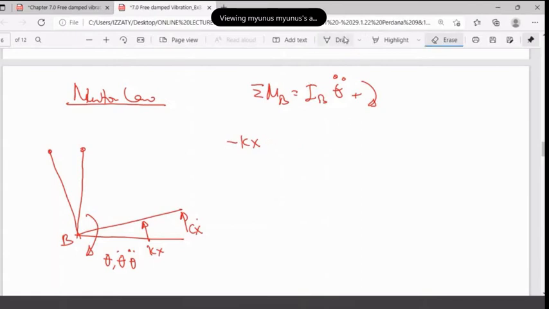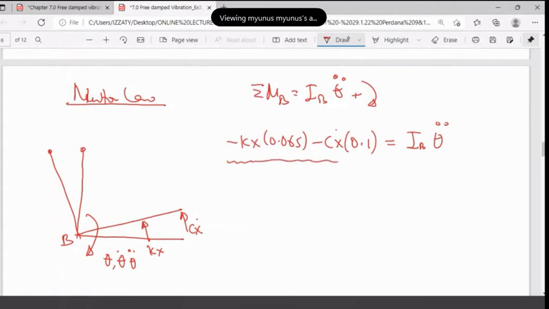So kx will be multiplied by the distance, 0.065, minus cx dot times 0.001. Then there's no mg here, equal to I, whatever I at B now, theta double dot. The equation now becomes shorter. So the rest are the same.